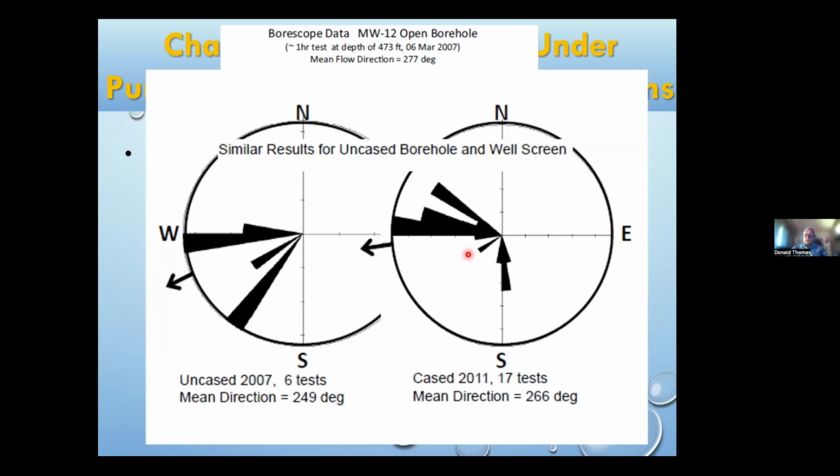And although we don't expect any individual well to tell us what the regional flow direction is, by measuring these flow directions in a broad sequence of wells in this region, we feel that the preponderance of evidence will give us some information of what the rate of flow is and the overall direction of flow.